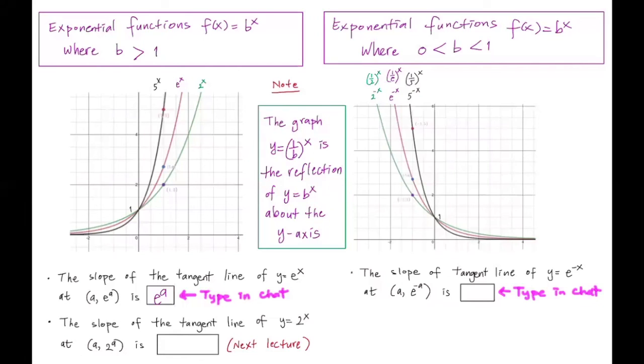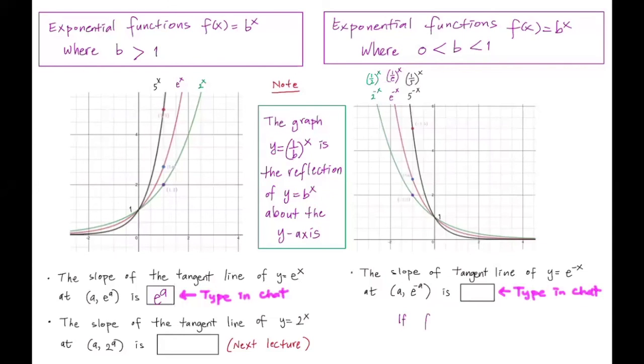And the slope of the tangent line for y equals e to the negative x. So if this is your function, then the derivative is the derivative of the function at 0 times itself.